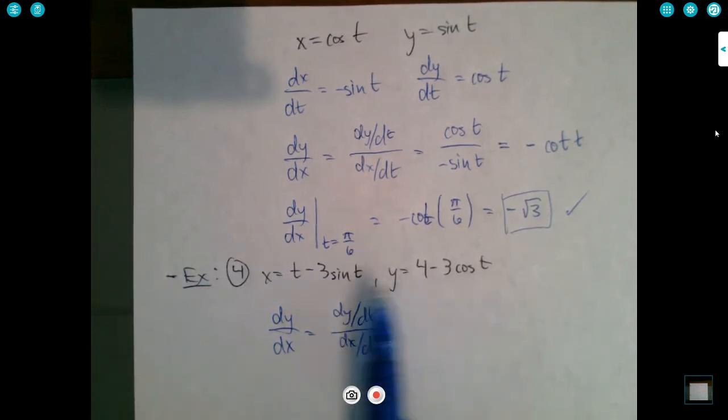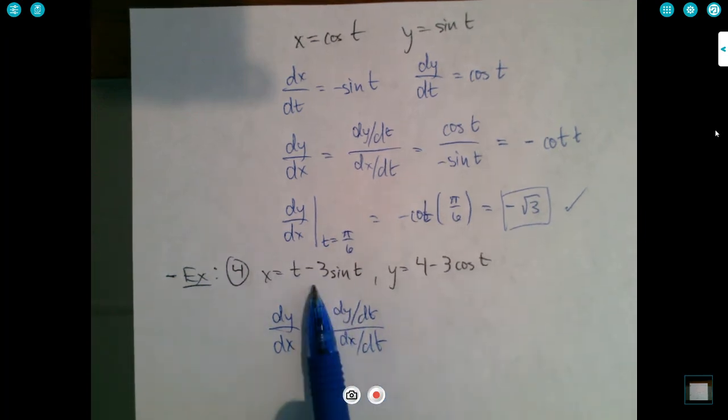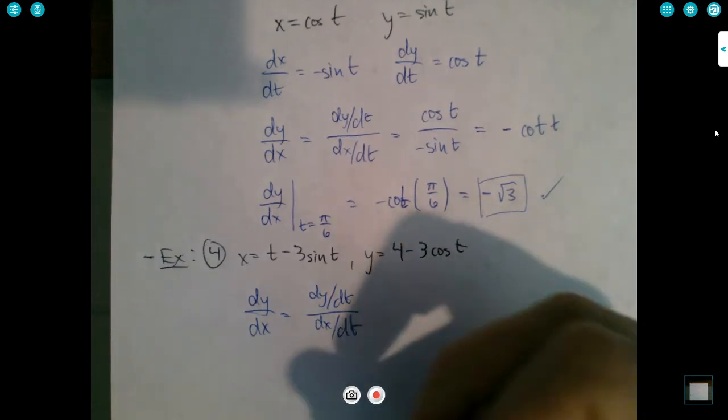In this case, I don't think we're going to run into any trouble. And then it's going to be flying vertically whenever dx/dt equals 0, assuming that dy/dt does not also equal 0 at that point, which again, we're probably not going to have any issues. So let's figure out what dy/dt is.